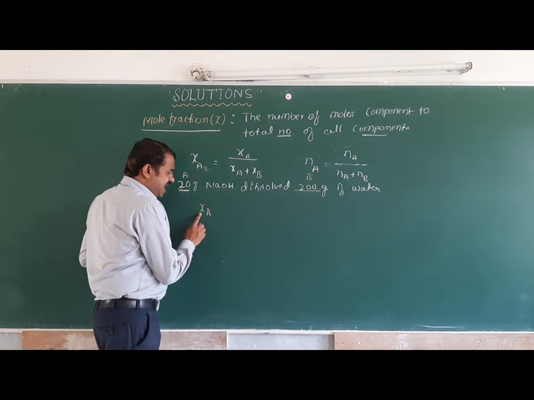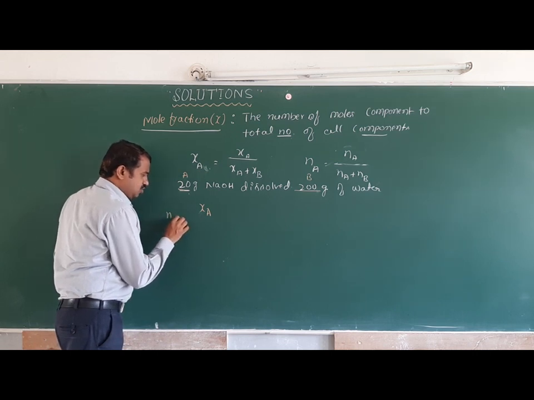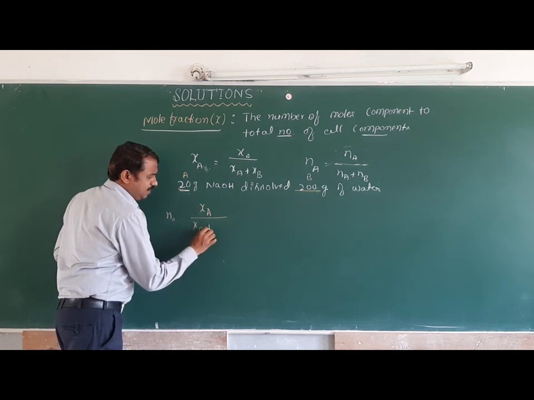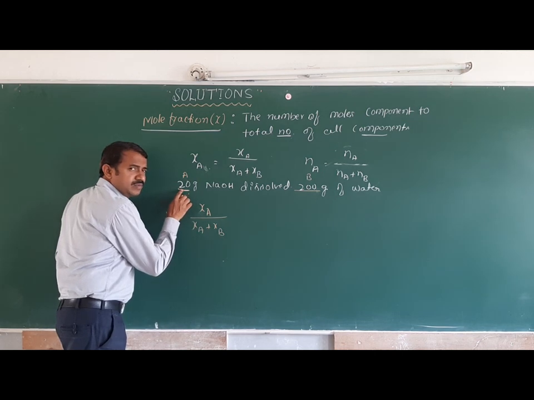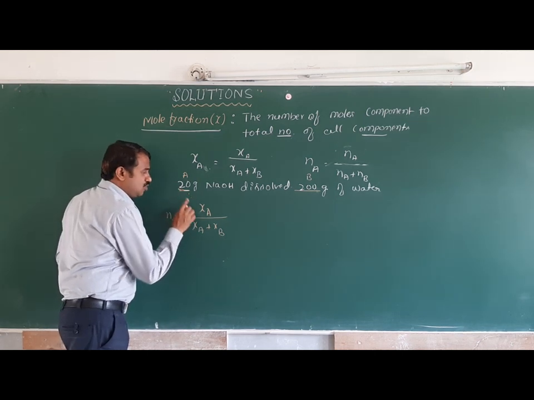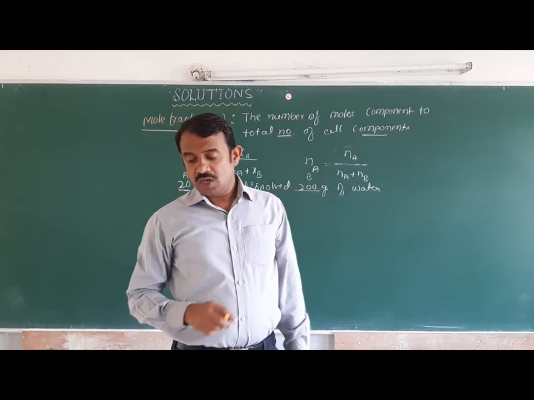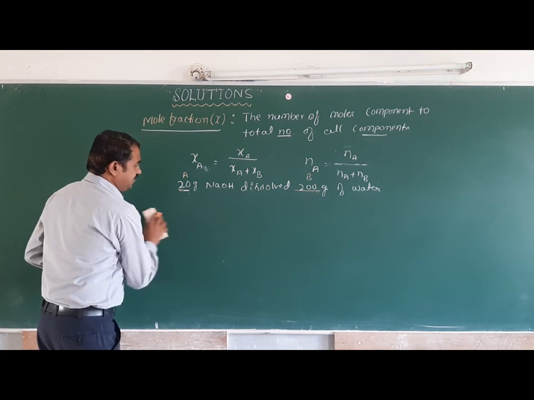Here XA equals NA divided by NA plus NB. For the moles, you should know the molecular weight. We first have to find the molecular weight of sodium hydroxide.